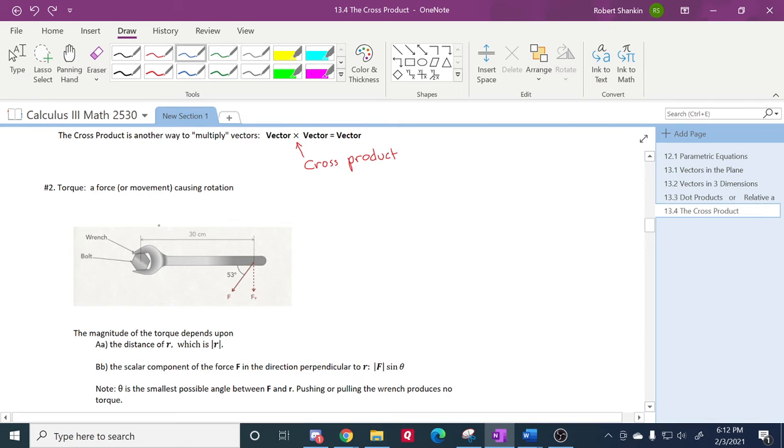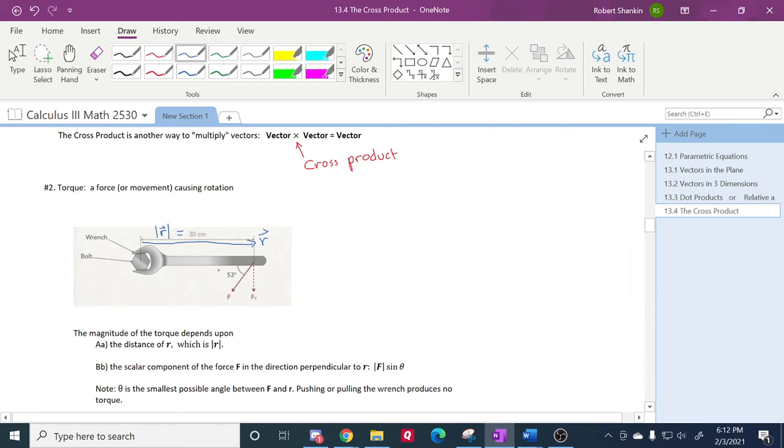The magnitude of r is 30 centimeters. So r is from here out to here, and its magnitude is 30. So r is this, and its magnitude is like this.